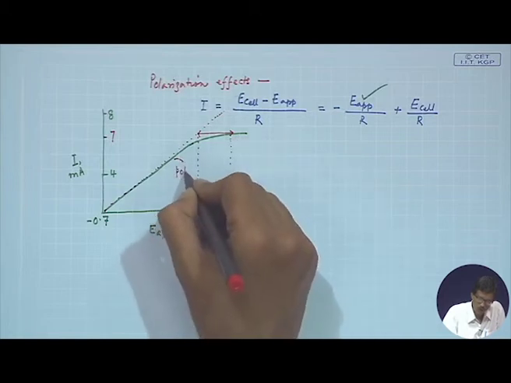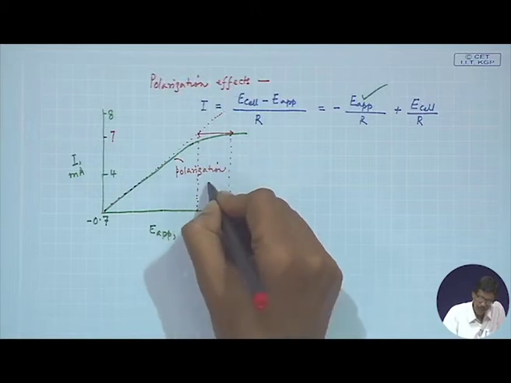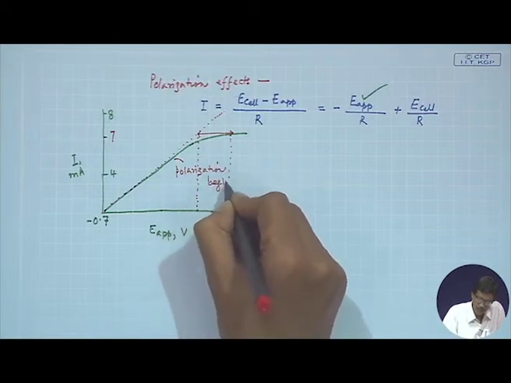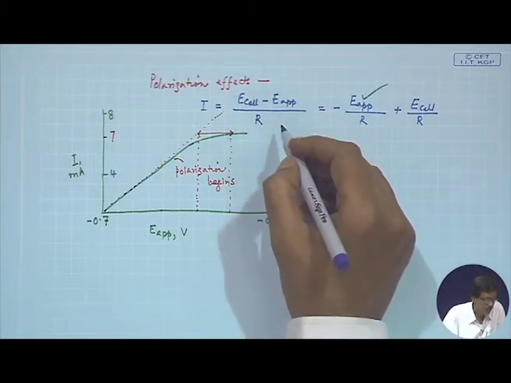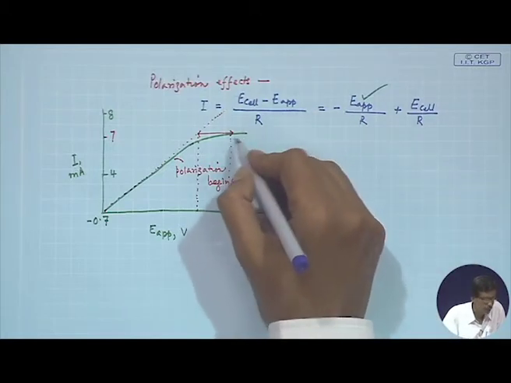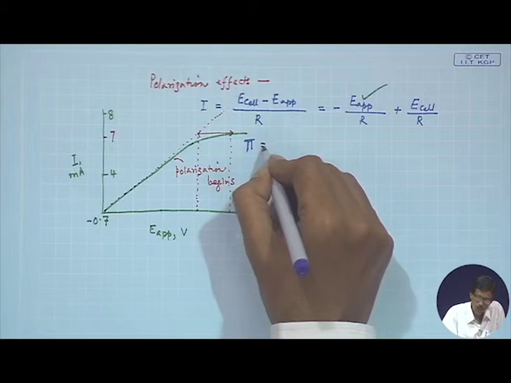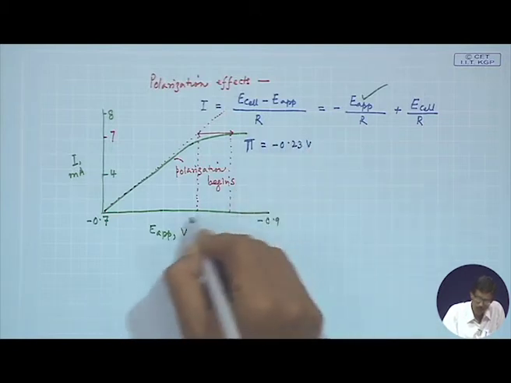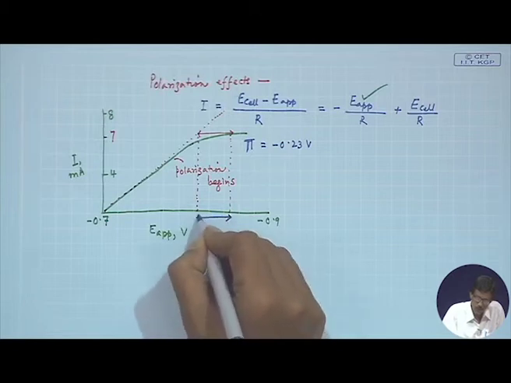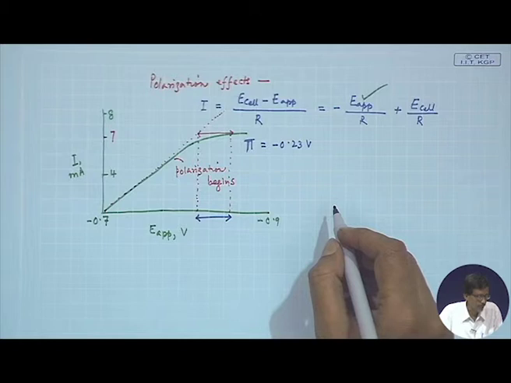So, polarization begins at this particular point, and now we get the corresponding polarization effect, which is capital Pi equal to minus 0.23 volt, this particular magnitude of potential.